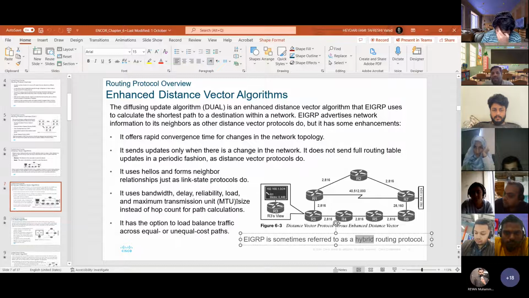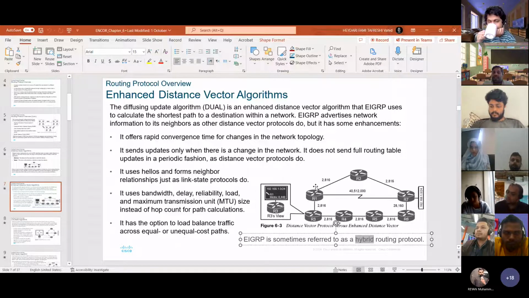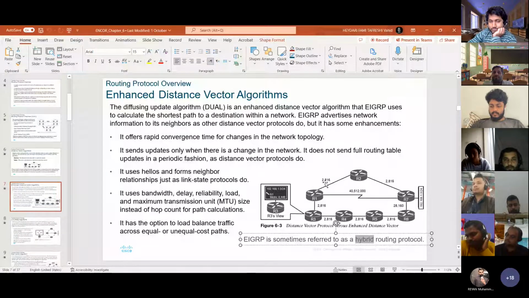What does that mean? If all these routers here are running EIGRP, then for R1 to send traffic to R2 or R7 or R3 to get to this network, EIGRP equal cost path allows you to send 33% of the traffic this way, 33% of the traffic that way, and 33% of the traffic this way.